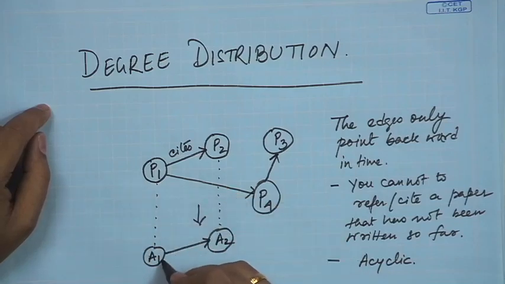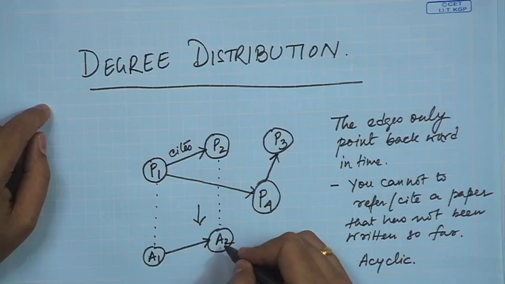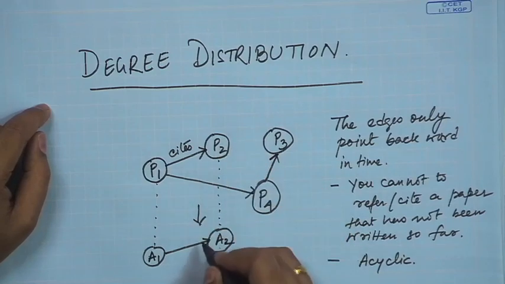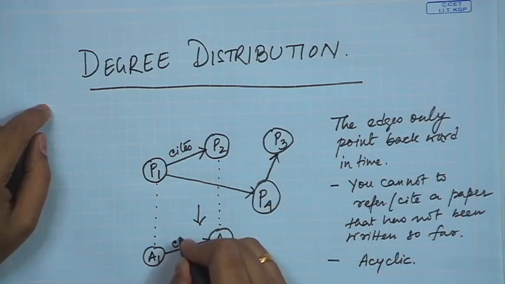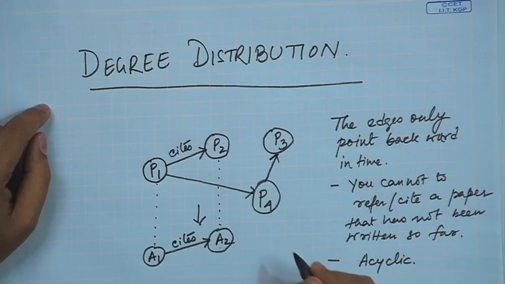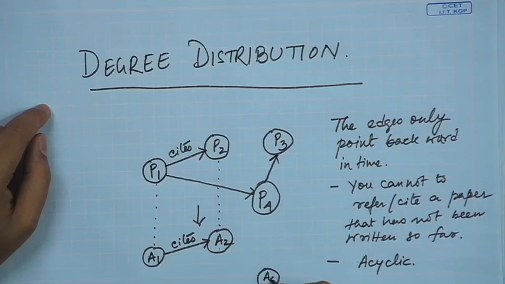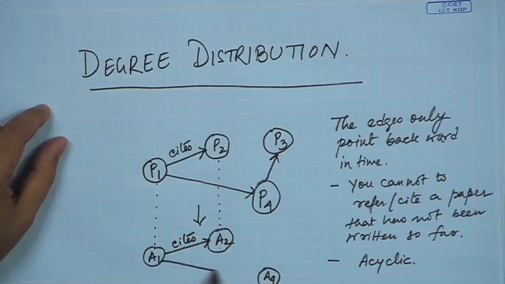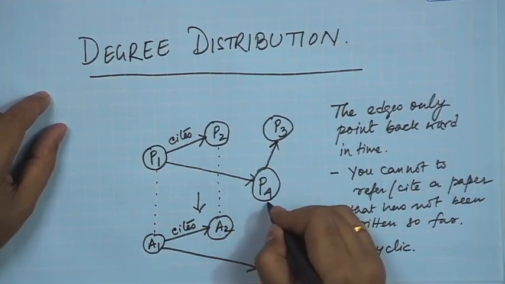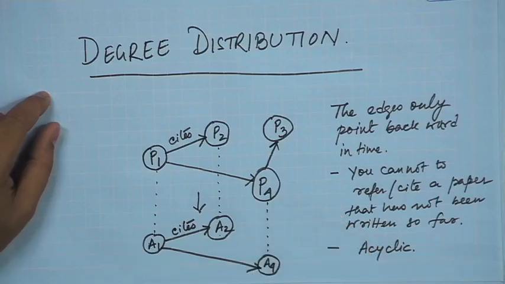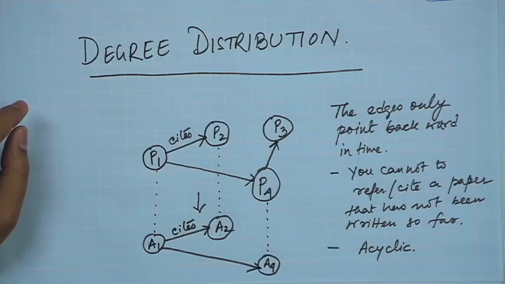So, say author A1 has written a paper P1 and author A2 has written a paper P2. Then A1 cites A2 in the author citation network, and similarly say there is some author A4 whom A1 also cites, because P4 has been written by A4.